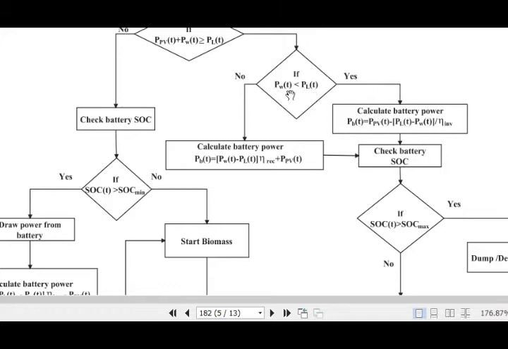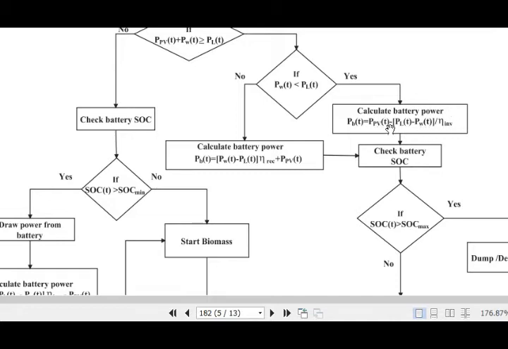It means that wind alone is not sufficient to meet the load demand, so we will also be extracting some power from the PV. The power provided for charging the battery will be equal to the power of the PV minus the deficient power, load minus P wind, divided by the inverter efficiency, as this is DC power.